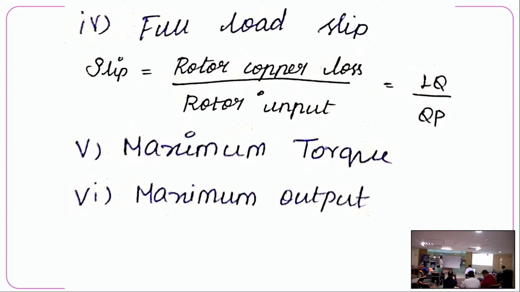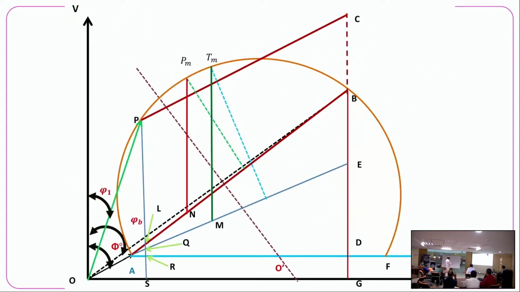We get the point. Let me show how to get the full load speed. P is the point representing the full load point.